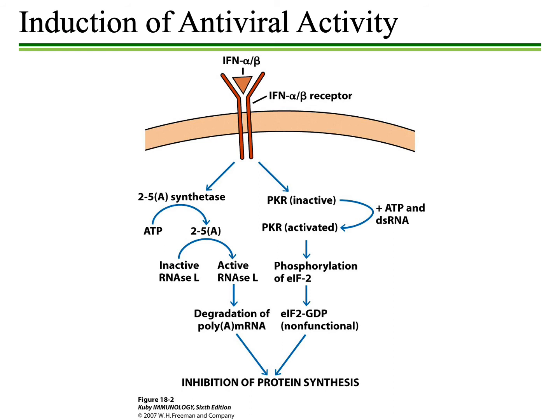With both of these mechanisms, the end result is the inhibition of protein synthesis in the host cell, either by destroying the mRNA, which acts as the template for protein synthesis, or by making a component of the protein synthesis machinery non-functional. Either way, protein synthesis is inhibited. By inhibiting protein synthesis, all activity is stopped in the host cell in hopes of not allowing viruses to be replicated.